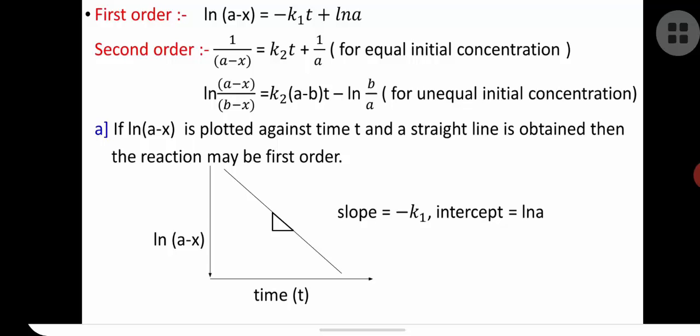Now, if ln(a - x) is plotted against time, a straight line is obtained having the slope -k1 and intercept ln a. This indicates that the reaction would be first order.